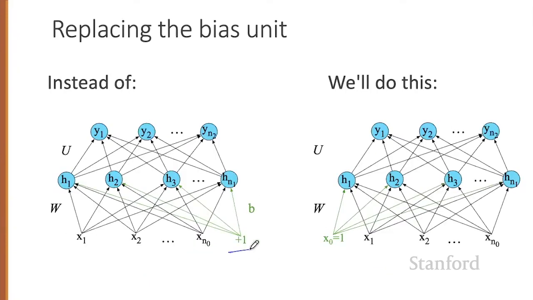So instead of having an extra bias term b, we'll simply add our value x sub 0 and subsume b into the weight matrix w. We'll continue showing the biases b for the learning example in the next few lectures, but afterwards, we'll switch to this simplified notation without explicit bias terms.